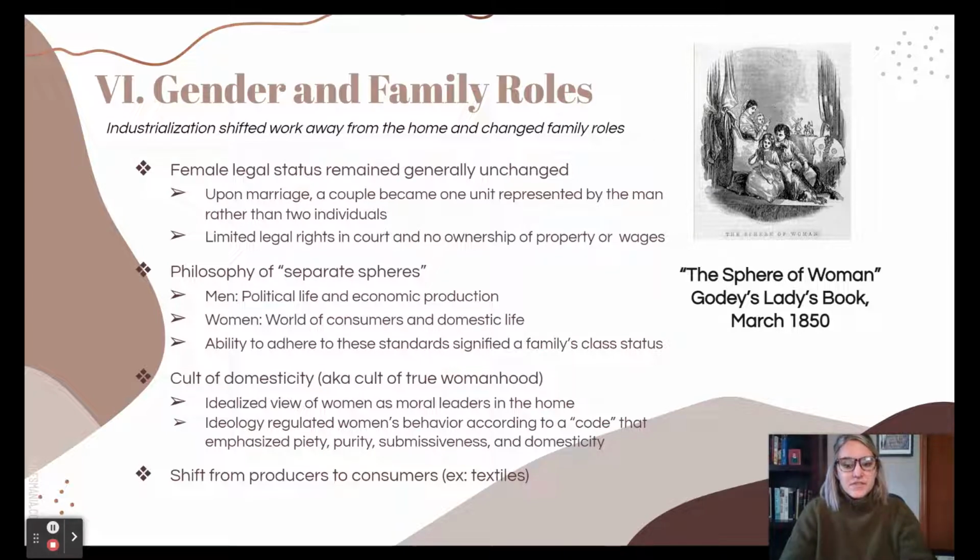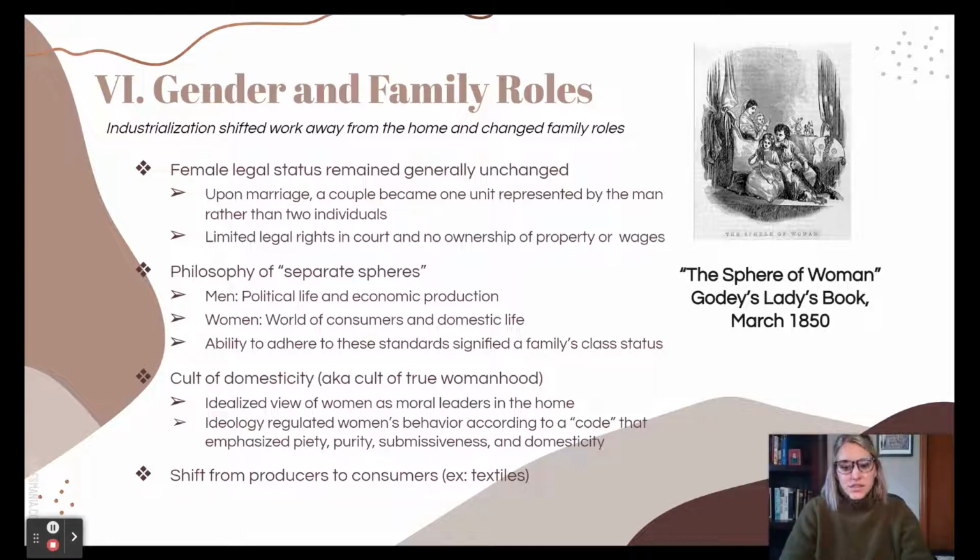And so this philosophy of separate spheres becomes even more integrated for middle and upper class women, because really the only groups that had the ability to adhere to these standards would have been those who did not have to have their women labor in factories. And so women were in the world of consumers and domestic life, and men were part of the political and economic production.